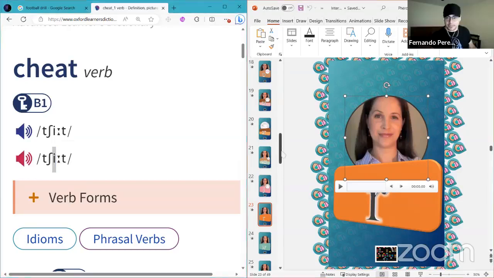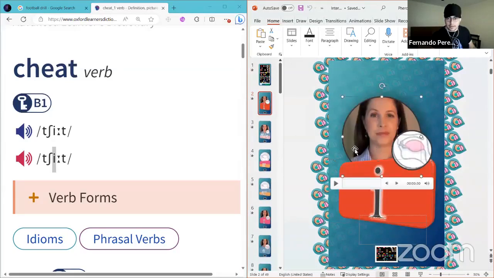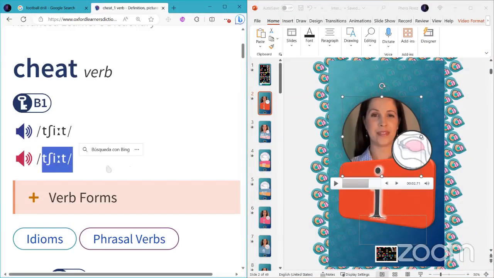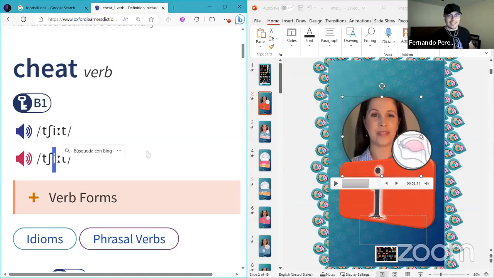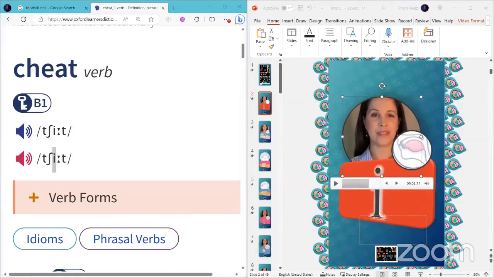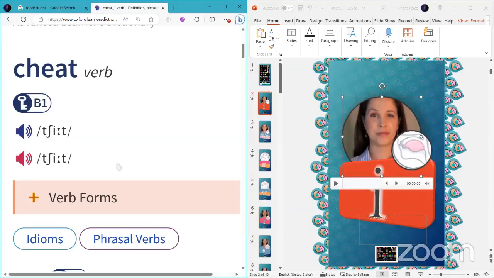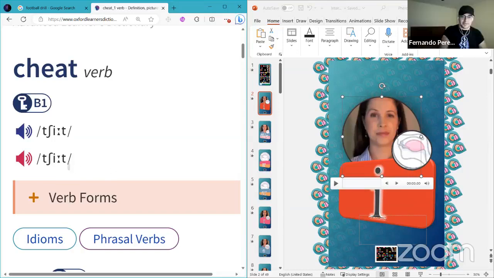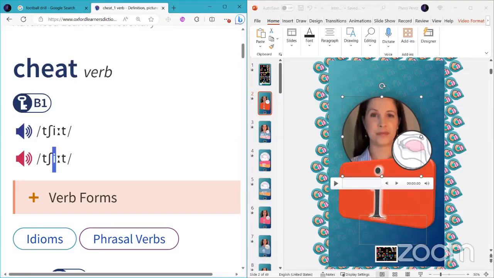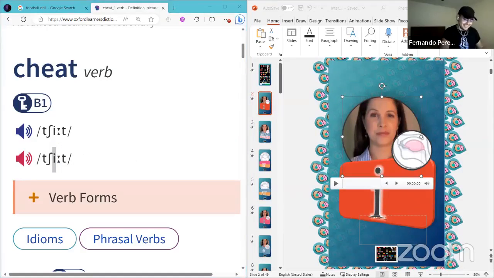E. Not A, it's not A. This symbol doesn't exist. Yes, you are correct, it is not A, it is E. Cheat. Exactly. That's correct.